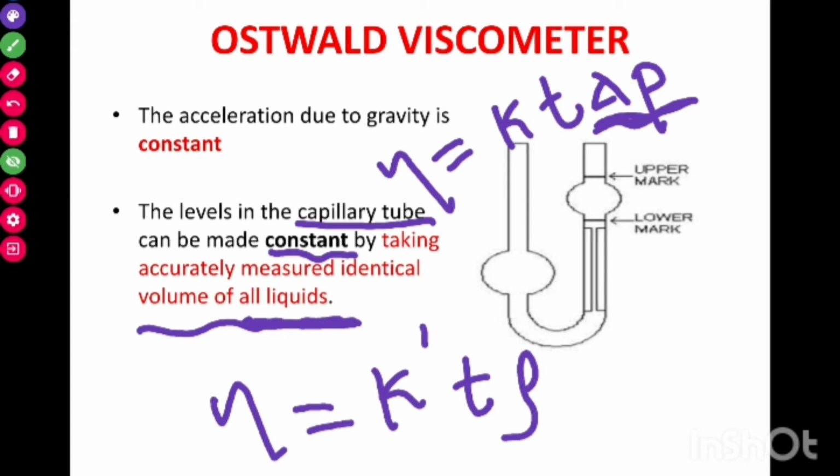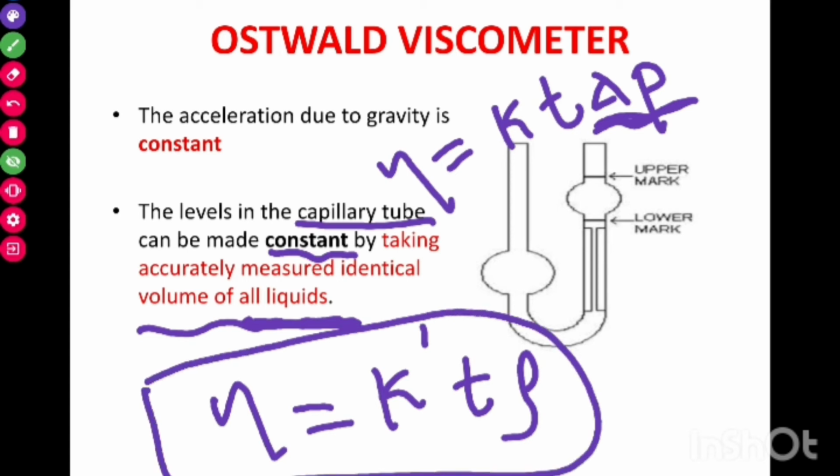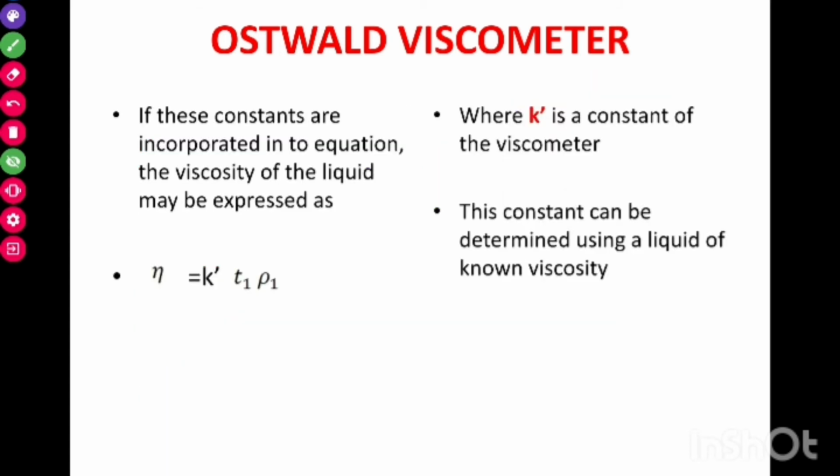So these two factors can be taken as constant, and these two factors are incorporated into that constant k, then we get a new constant value, that is k dash. Now the equation is like this: eta equal to k dash t rho. Rho means the density of the liquid flowing through the capillary viscometer. This is the modified equation: eta equal to k dash t rho.